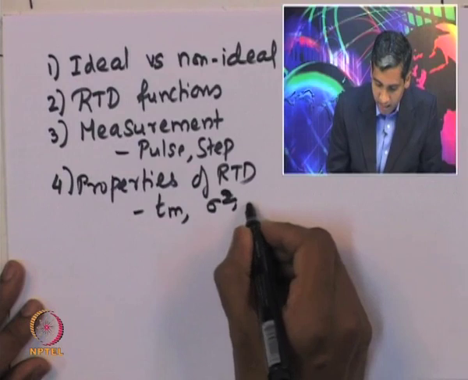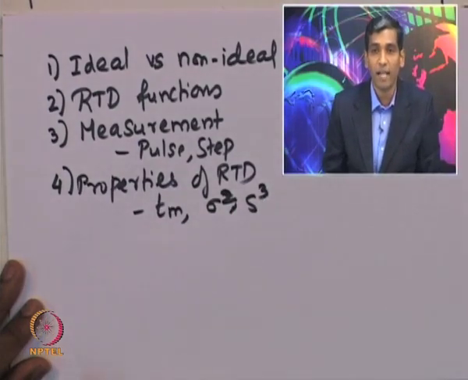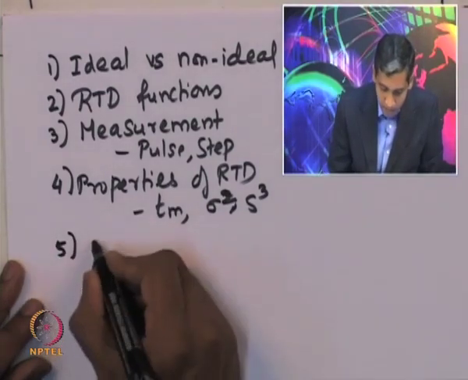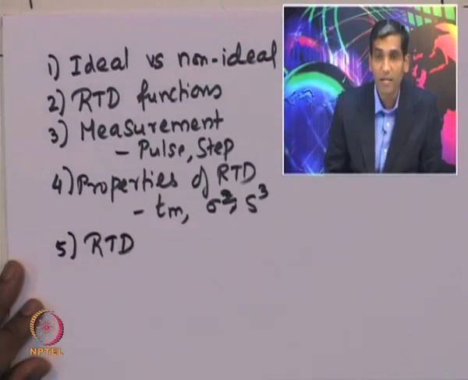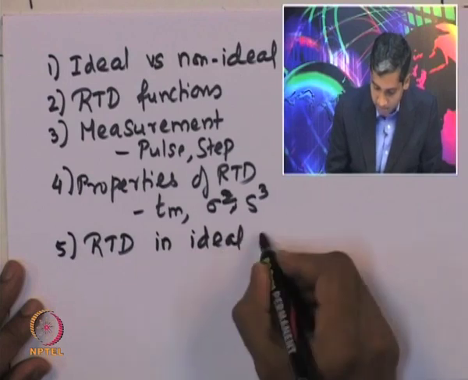Then we looked at the properties of the RTD function: the mean, the variance, and the skewness, which tells us how skewed the function is around the mean of the distribution.